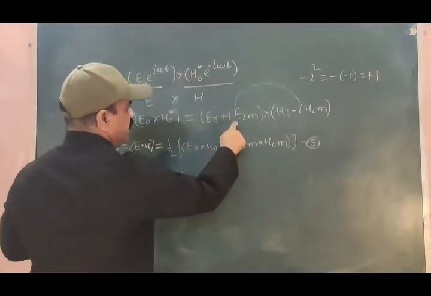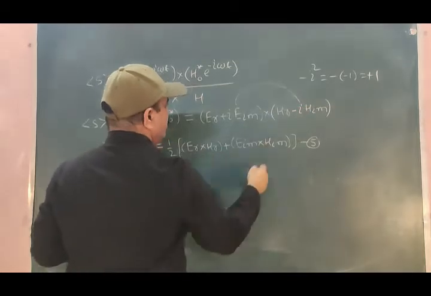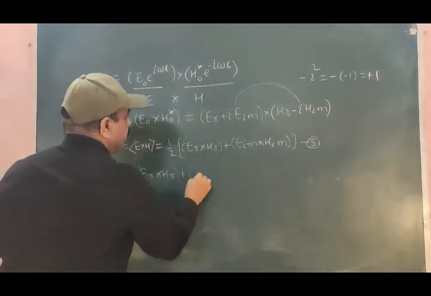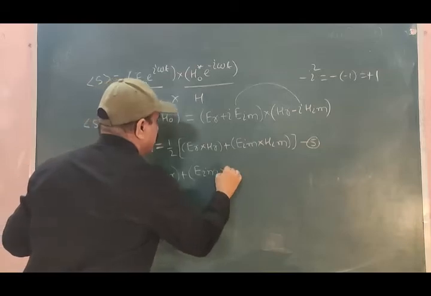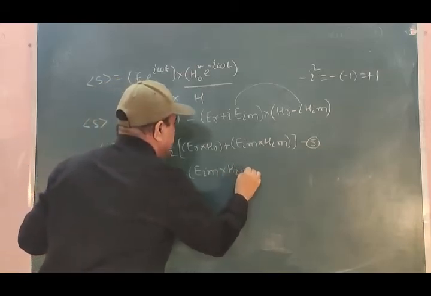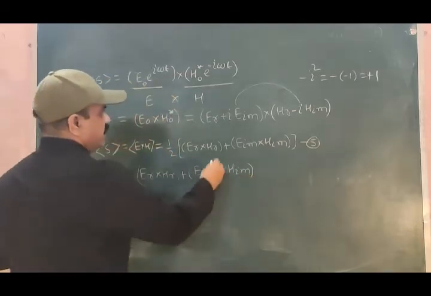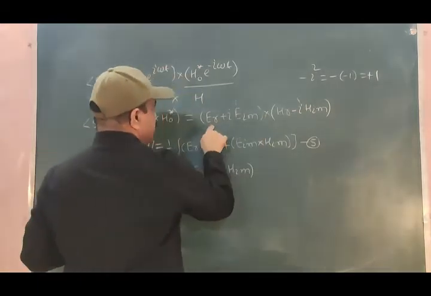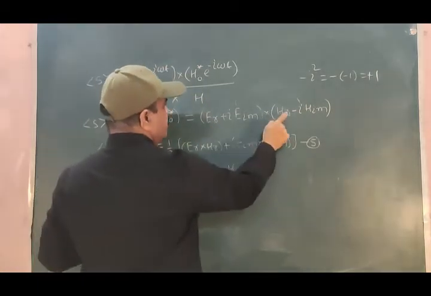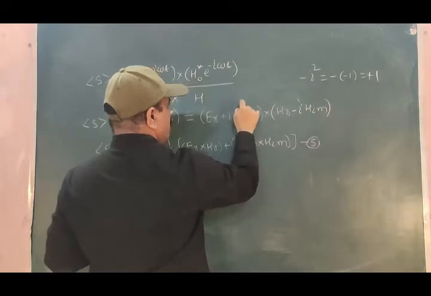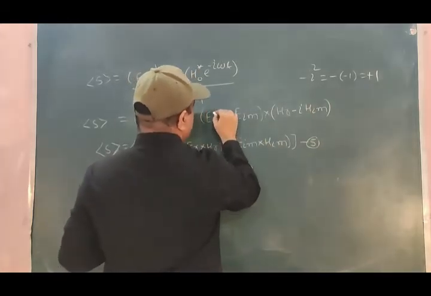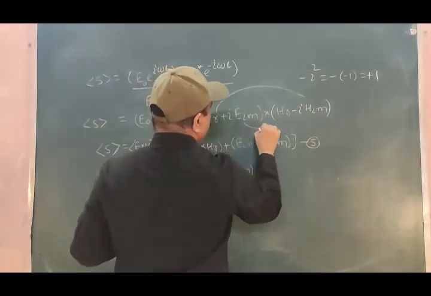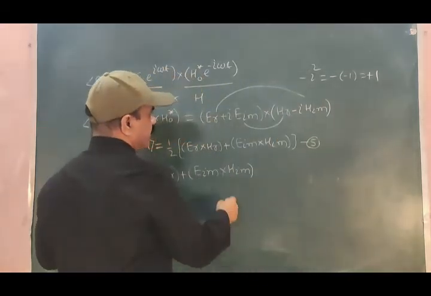And therefore if I take the product of these two, what will I get here? E_IM cross H_IM, right? The cross product of this with this is taken, the cross product of this with this is taken. Now take the cross product of these two and these two.